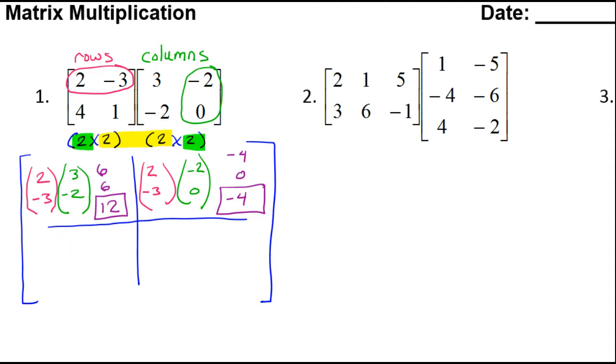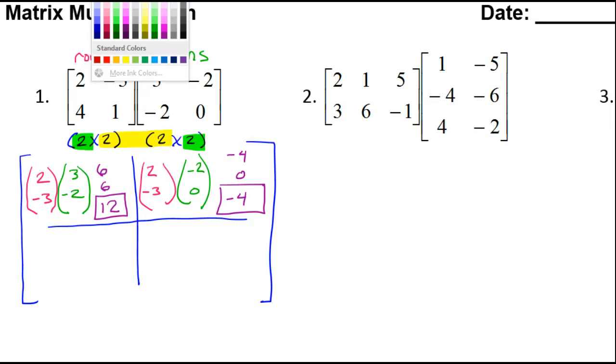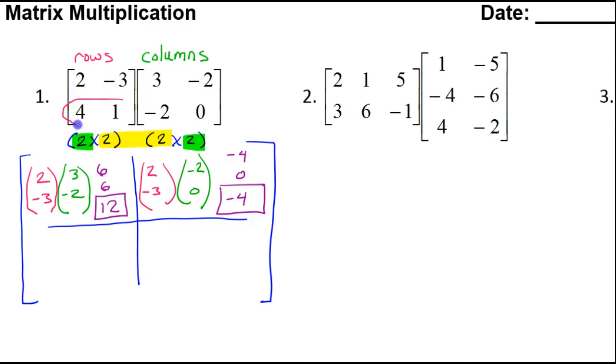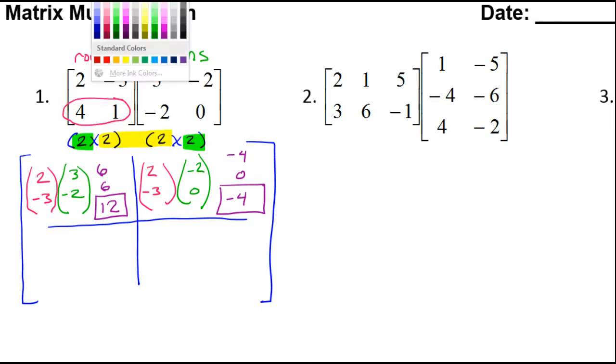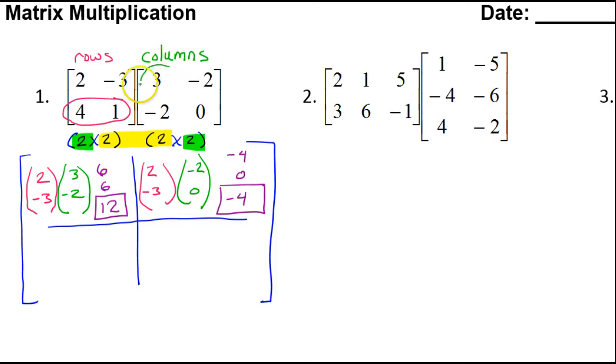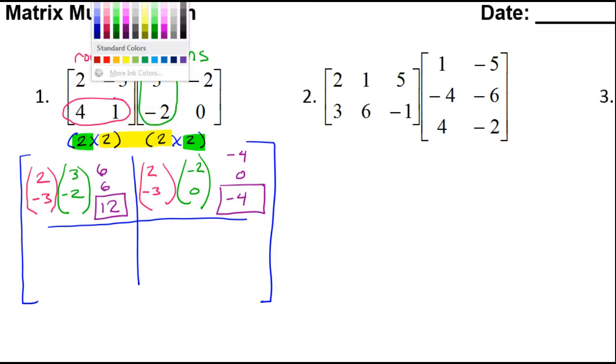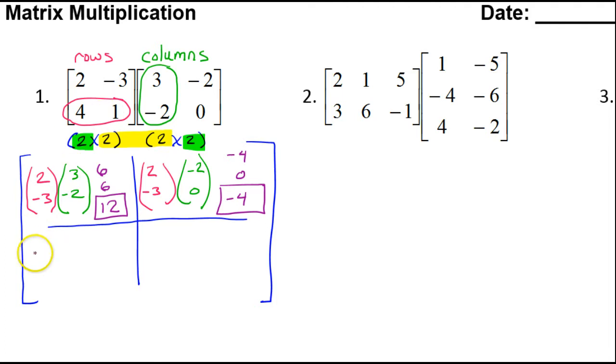Now, if I want to find the entry that goes in the second row, first column, then I need to multiply the second row times the first column. So here I go. Second row, first column. Okay, the second row is 4, 1.